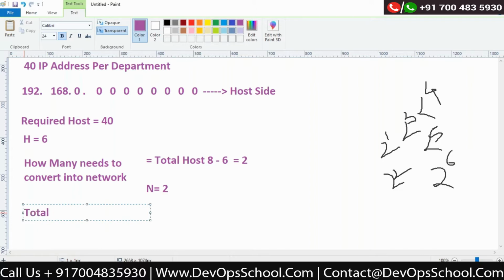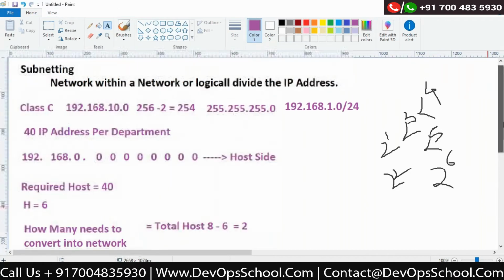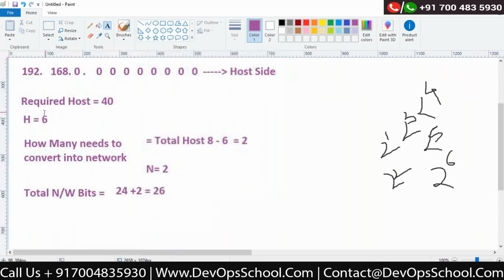So my total network bits would be equal to, earlier how many network bits we had, 24, because it is a /24 IP address, correct? Plus additionally I'm going to add 2 on top of it. So total would be 26. If I take only 6 bits, that will serve my purpose.